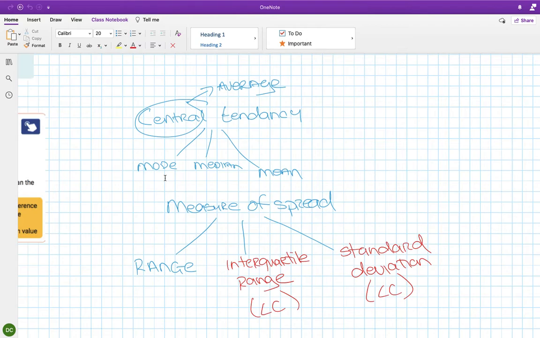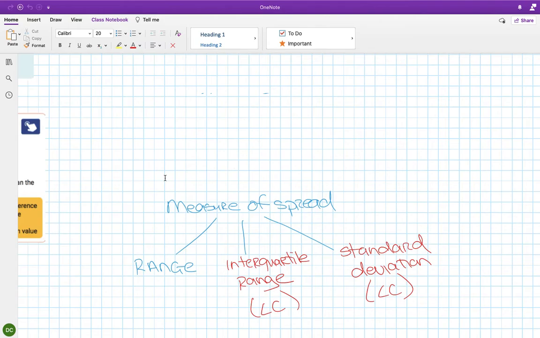Okay, so what you should have learned from the first chapter is two things. The first thing you have to learn are measures of central tendency. Central tendency is just a fancy way of saying average. When you do an average, you're trying to work out that central value, what answer is in the middle. There are three measures of center.